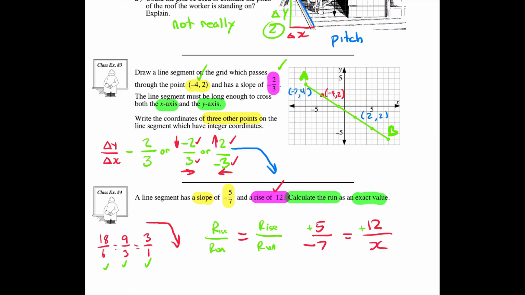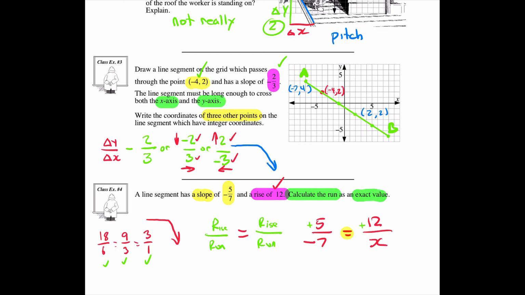And remembering back a few months ago, when we're comparing ratios, we're saying that they are equal. And if they're equal, we can use cross multiplication to solve for x.